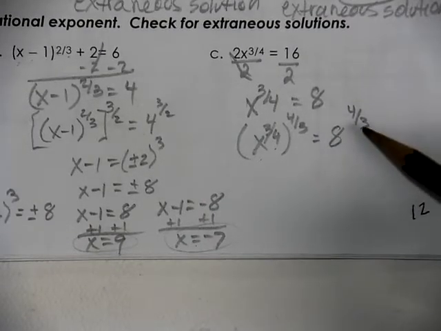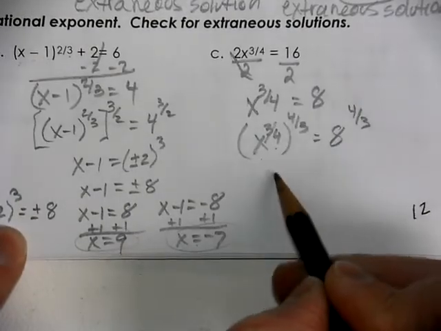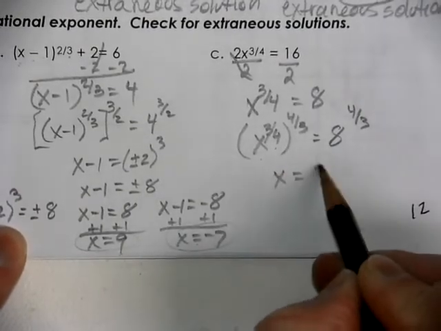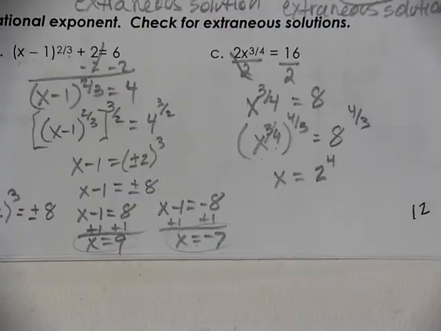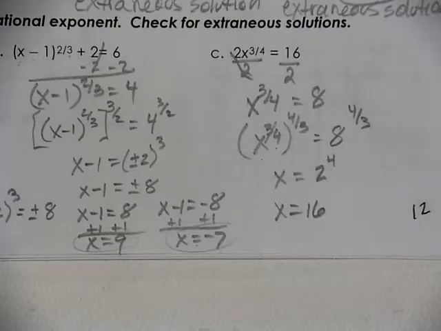Now notice we're raising it to the 4/3. That's the cubed root. When you do the cubed root of 8, you only get 2. You don't get plus or minus 2. To the 4th power is 8.